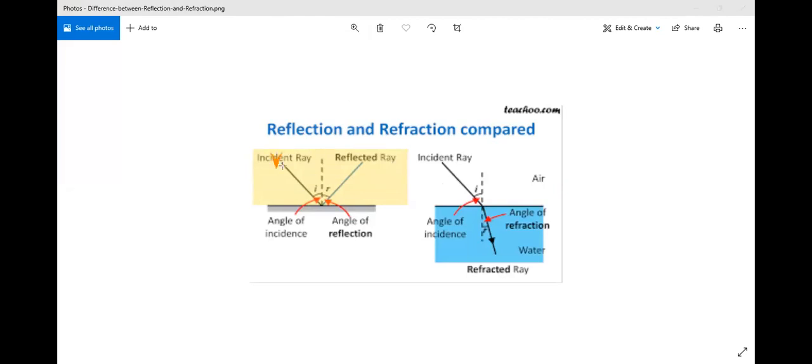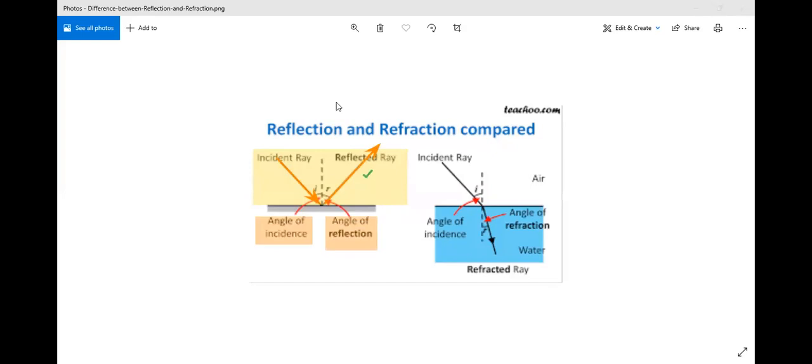Here is the incident ray. It bounces off a smooth surface, such as a mirror, and it reflects with an angle equal to the angle of reflection. The angle of incidence is equal to the angle of reflection. You know now everything about reflection.